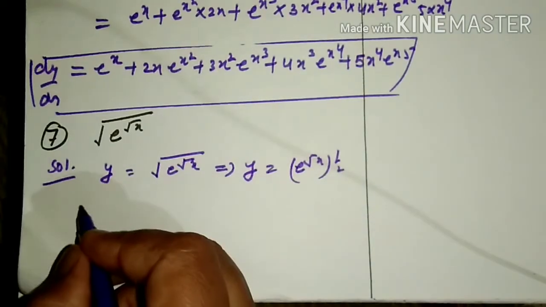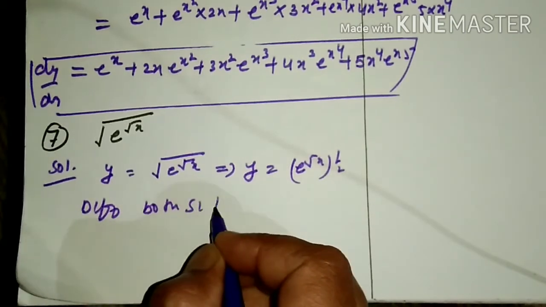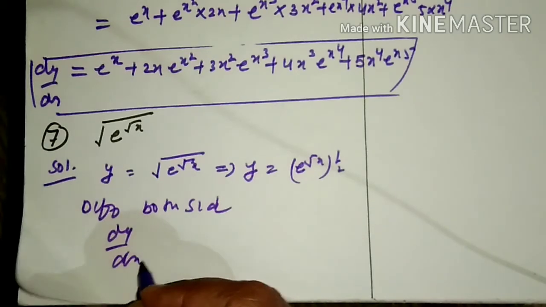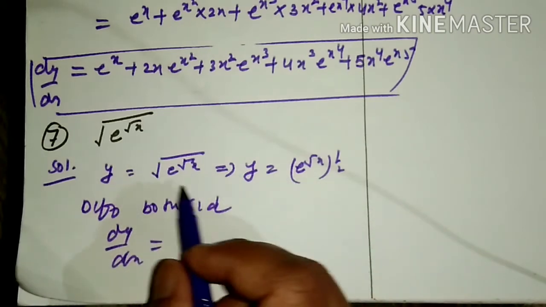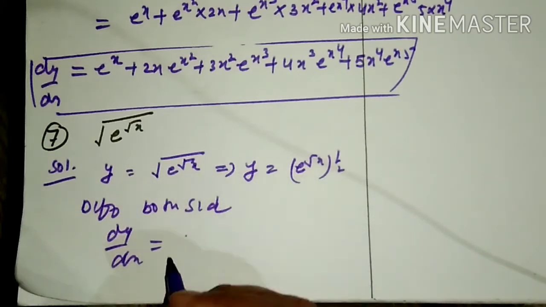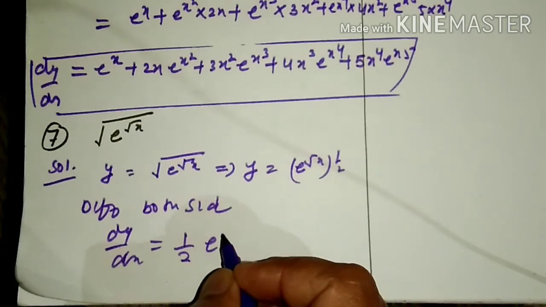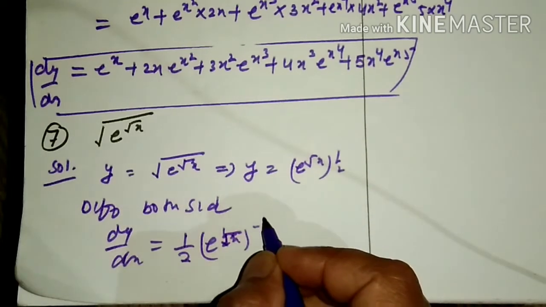Clear? Differentiating both sides. So dy upon dx is equal to differentiation of root e to the power x. So we can write it as 1 upon 2 e to the power root x to the power minus 1 upon 2.